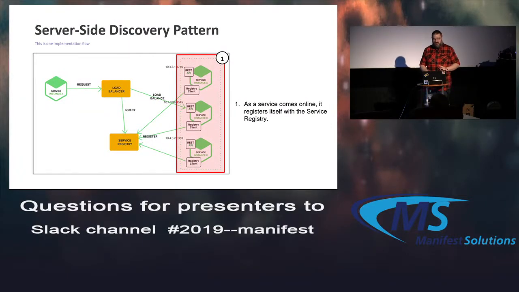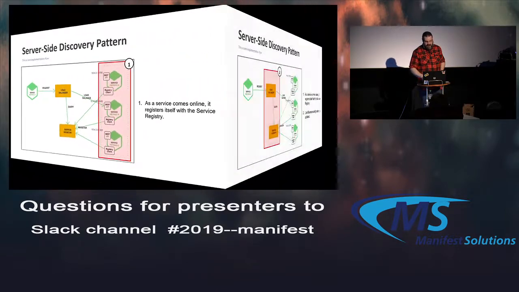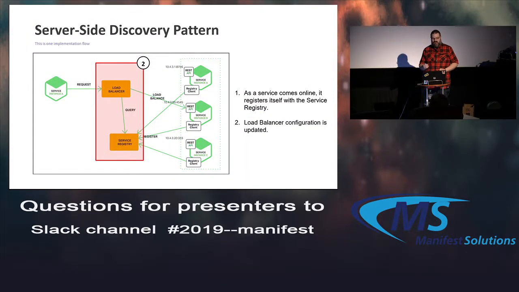So the way this can work is there are actually two scenarios for the server-side discovery pattern. The first is, like all discovery patterns, services come up, they have to register to the service registry. But in this version, the service registry is going to work with the load balancer by using a template, for those of you who are used to Nginx or Consul, and it'll actually just update that template config, and that update's almost instantaneous.